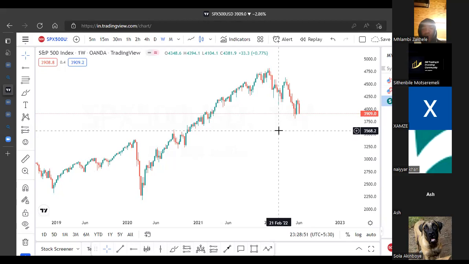It's a correlation. But I suggest that you just stick to your analysis. Analysis is much better than focusing on correlation. You must not focus a lot on correlation because you'll get yourself confused.